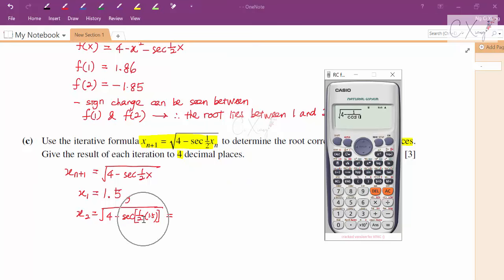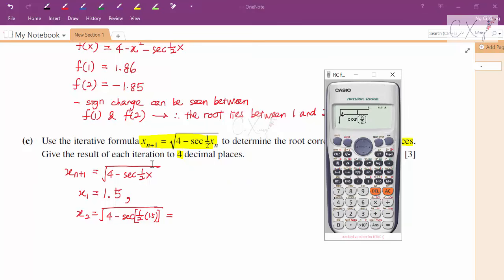And then the angle inside the cos is half x. So I will key in the x, and then 2. Then close bracket. So this equation is 4 minus secant half x. And again, please make sure that you put your calculator in radian mode.